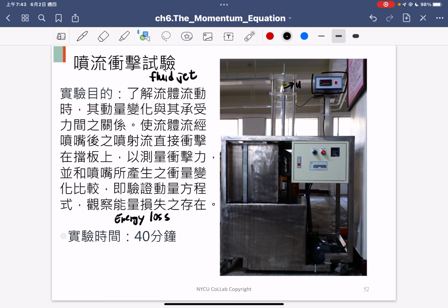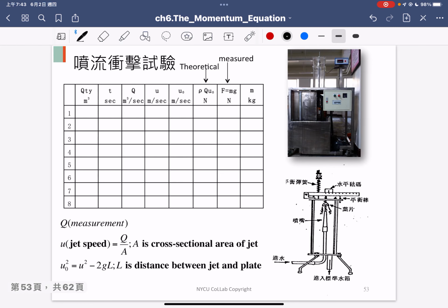So the force recorder will provide how large a mass we have in this experiment. Okay, so we can measure how large the mass is in here. So we can convert the mass to the force. So this is the observed force we have.